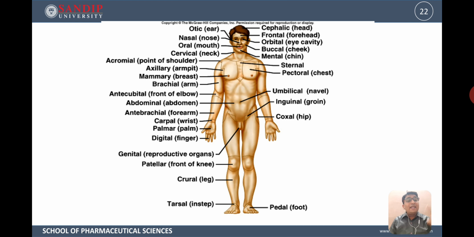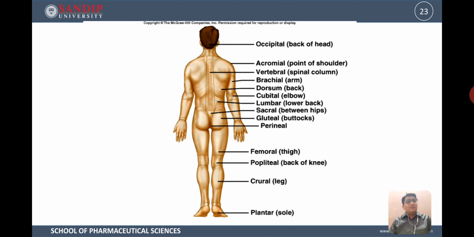So this is the anterior side. Am I clear? Now in the next slide we can observe the posterior. Back of the head: occipital, acromial, vertebral. The first figure is anterior and the second one is posterior.